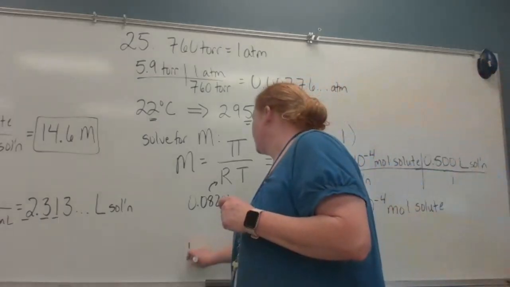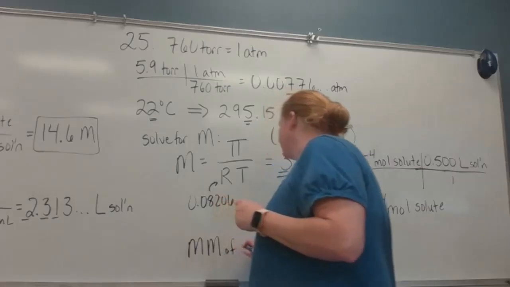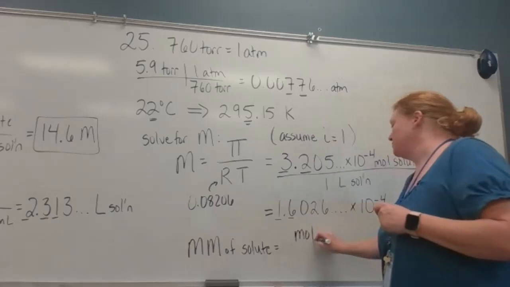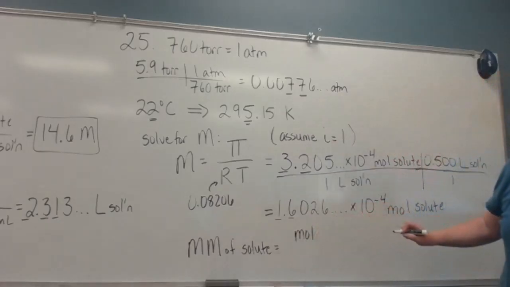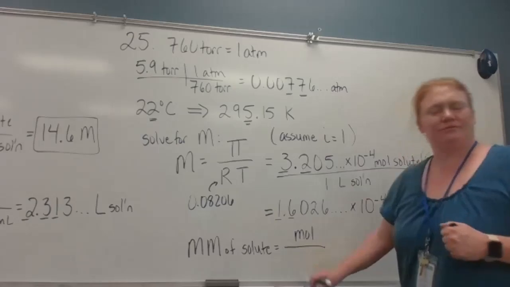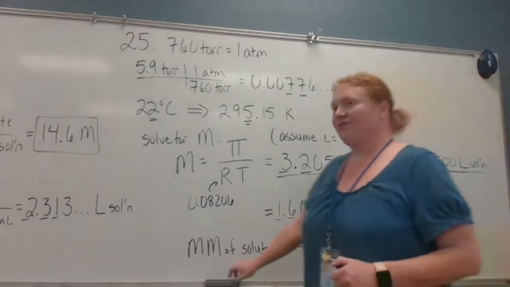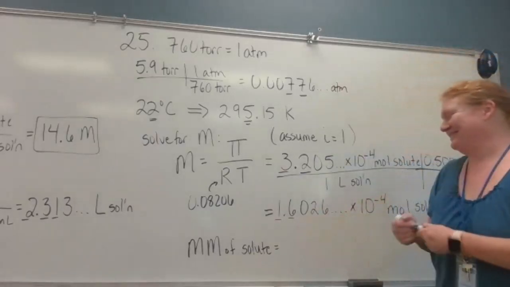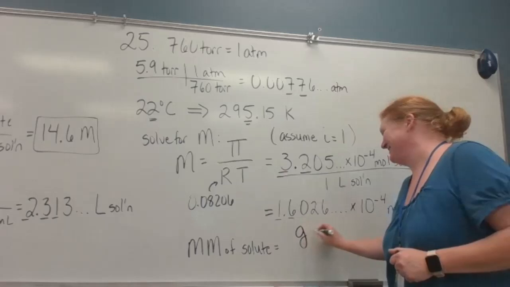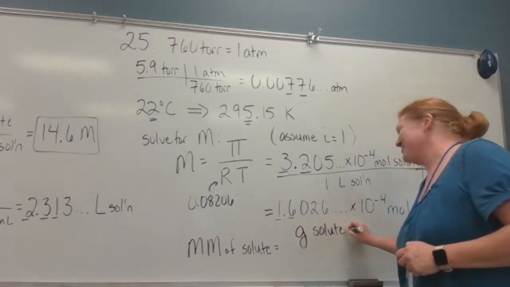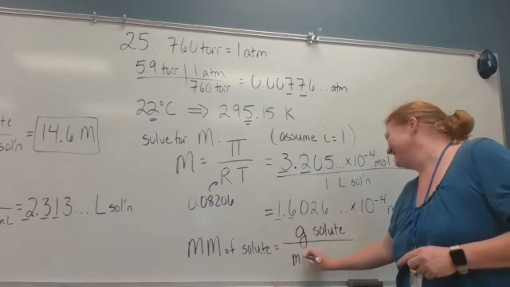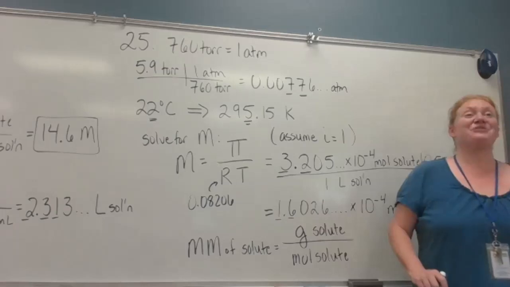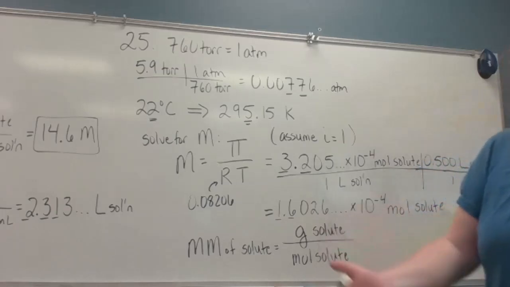Okay. So then how do I get the molar mass? The moles that we just calculated. Now, how many grams of hemoglobin did the problem say we dissolved?